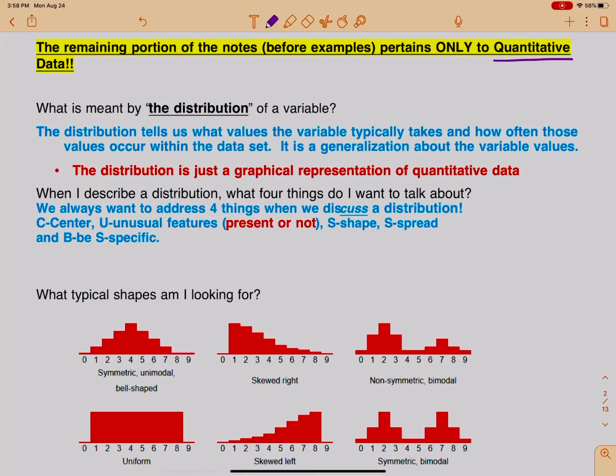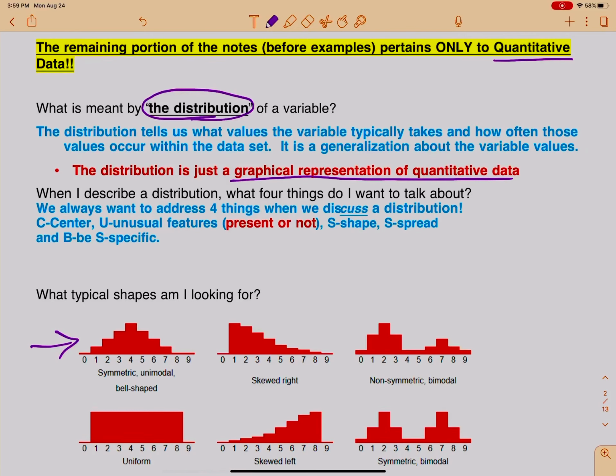So we need to discuss a distribution and what it means to us. Why is it important to us? Well, when I talk about the distribution, I'm essentially just talking about the graph of quantitative data. So if I say, hey, look at that distribution over there, it's pretty, I'm talking about the graph of it. I'm talking about something like this down here. Hey, look at that beautiful symmetric distribution.